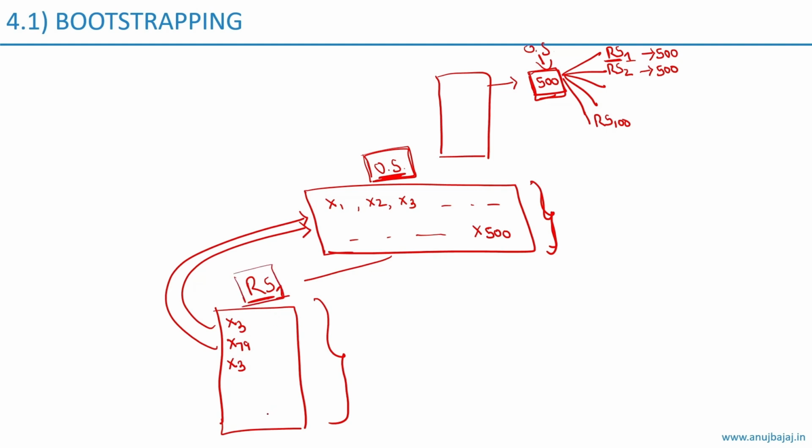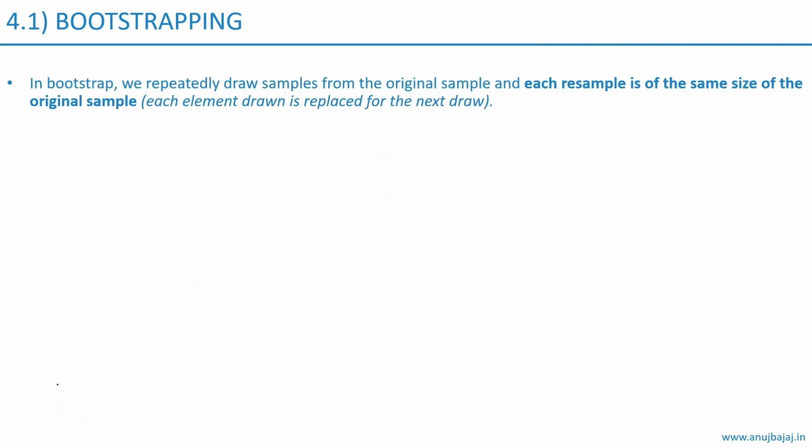So in this way, we have a resample with 500 observations. Similarly, we create multiple such resamples where each resample has a size of 500. So this is the bootstrapping process.